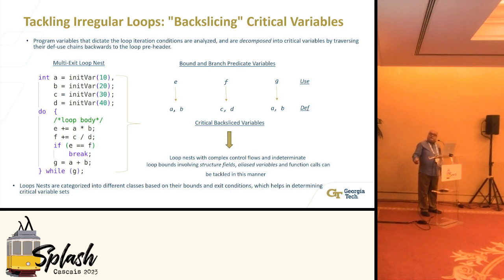So if you take this A, B, C, D over here and do some training and correlate it to the termination condition and generate a model, that should be able to predict this. And that's what pretty much the approach does.